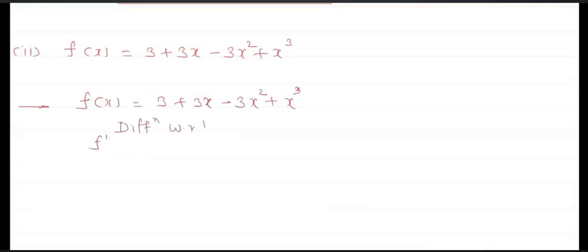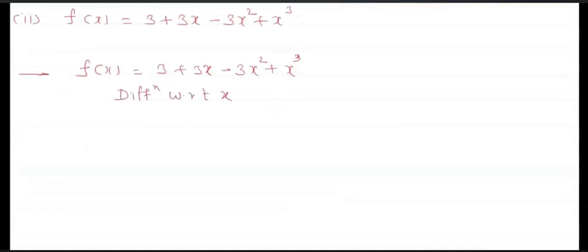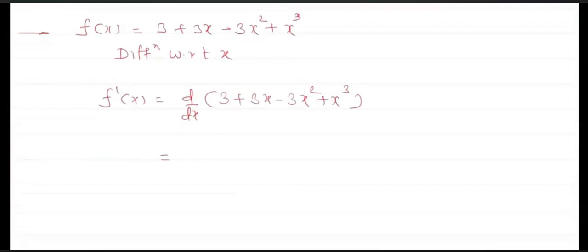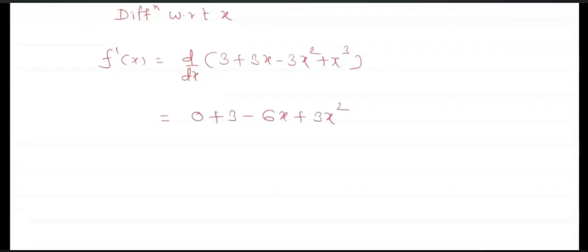Now differentiate this with respect to x. f dash of x is equal to the derivative of 3 plus 3x minus 3x square plus x cube, which is 3 minus 6x plus 3x square.